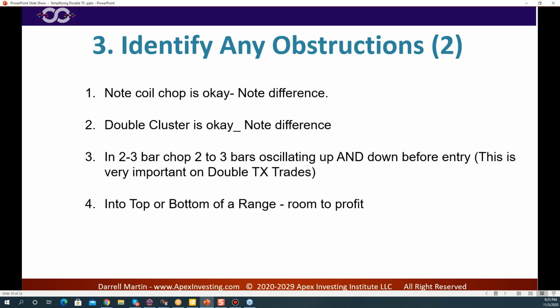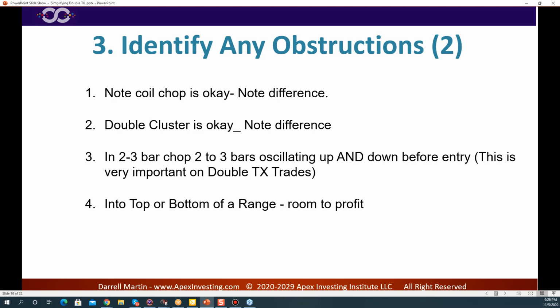Now, here's where a little bit of key difference comes in. In the other webinar where we talked about the filtered TX trade, one of those rules is we cannot take a filtered TX trade when there's coil chop. The double TX trade here, that does not apply.